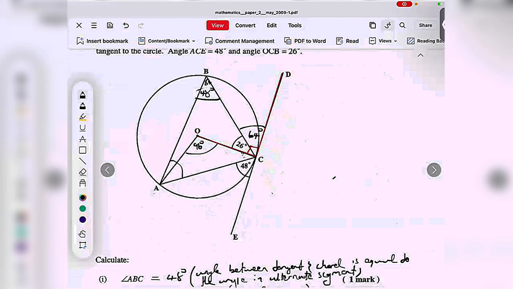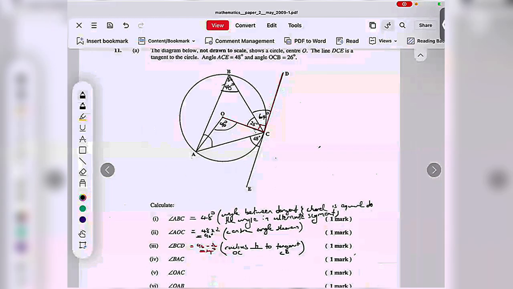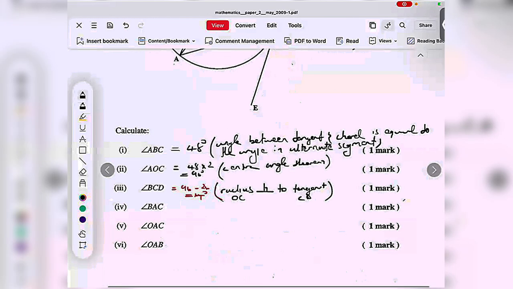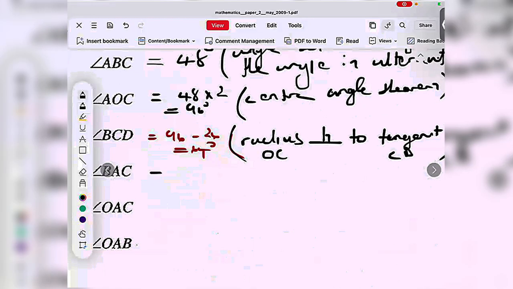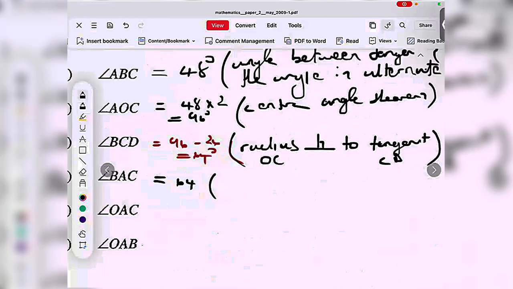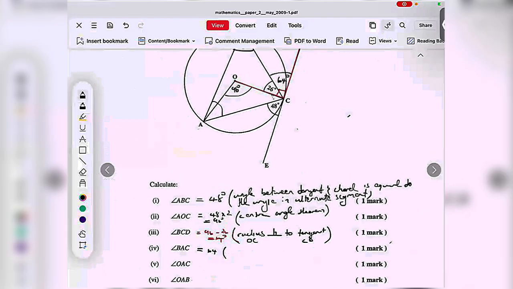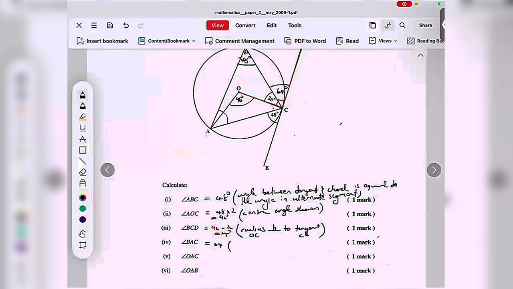Who can tell us why it's 64? The alternate angle? No, sir, that's not a theorem. If you write that, I'm not going to give you the mark. Sir, is it something about exterior angles and interior angles? We actually used the theorem before.